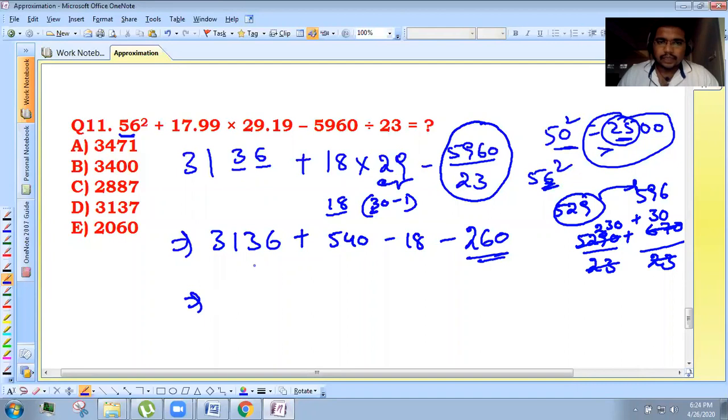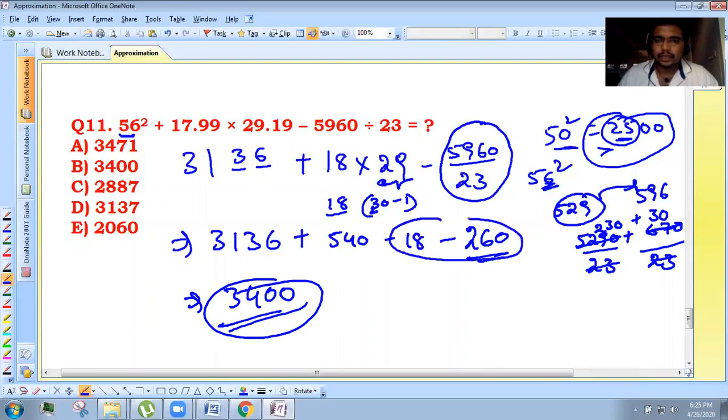So here 3136, and 540 minus 18 minus 260. If you did it, you'll get the value. You'll get 3400 in your mind only. Don't do it on paper exactly, because you can take it as 280.